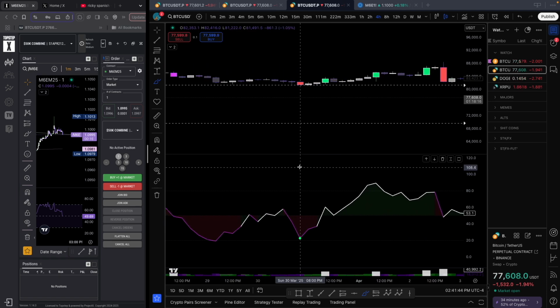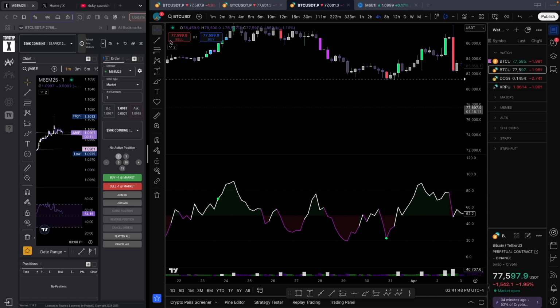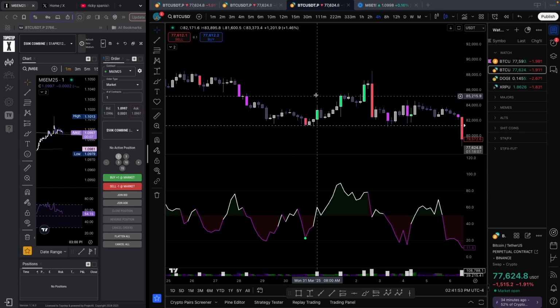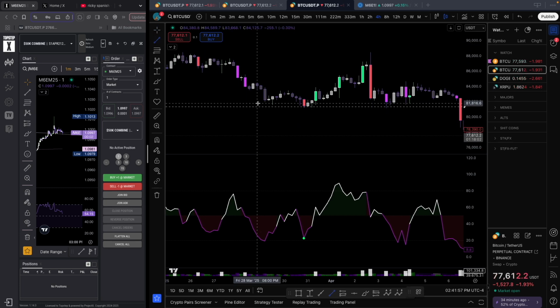Like right here, we got a print down here. This is bullish divergence, which is all it's printing.